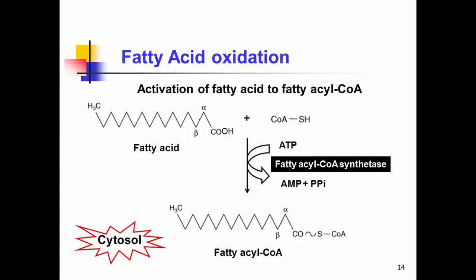And this reaction utilizes ATP. From one ATP to AMP is equivalent to 2 ATPs, so basically in this reaction 2 ATPs are used, because the ATP is converted not to ADP but to AMP.